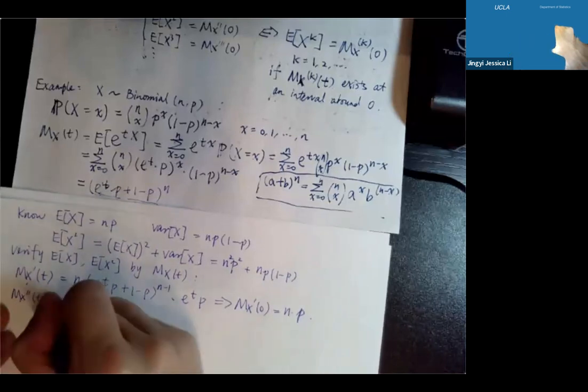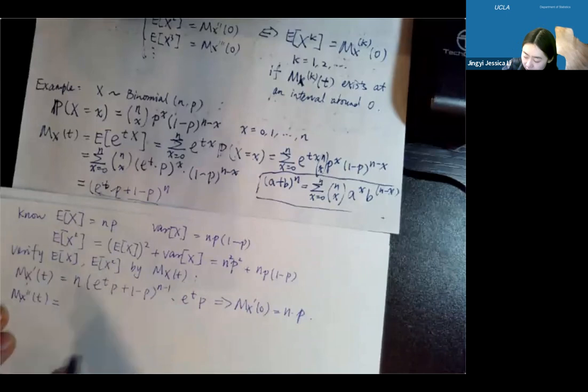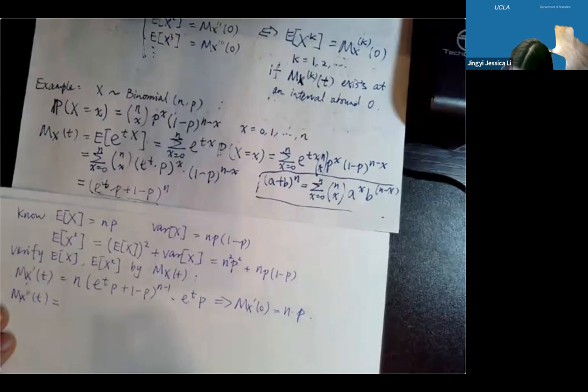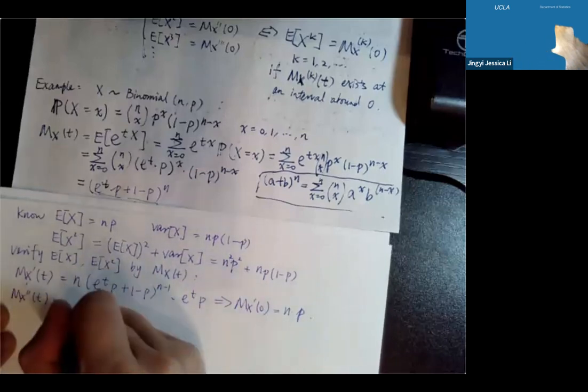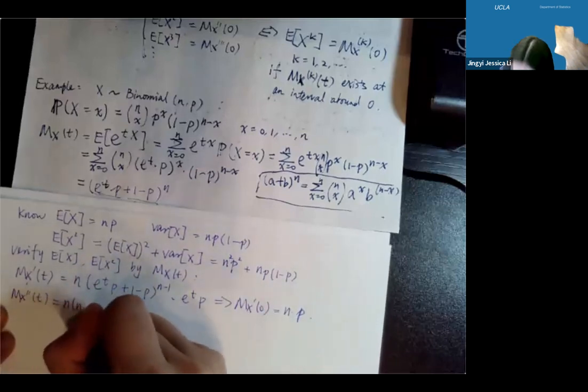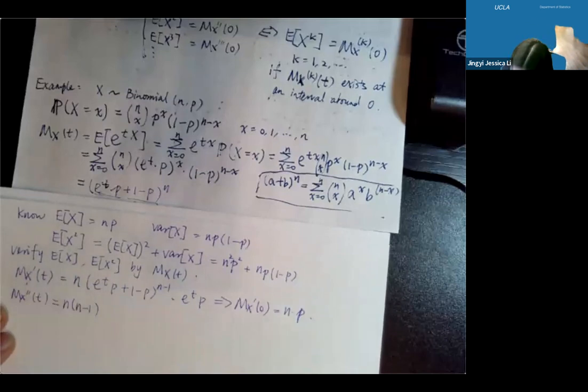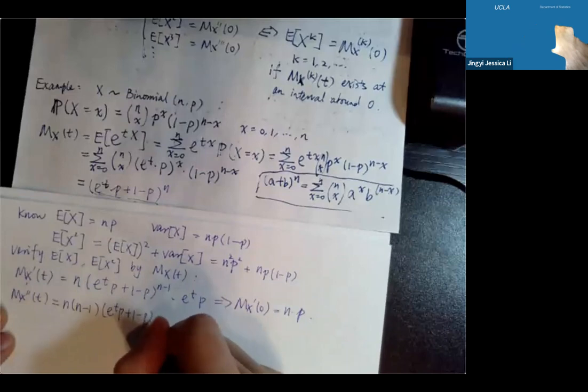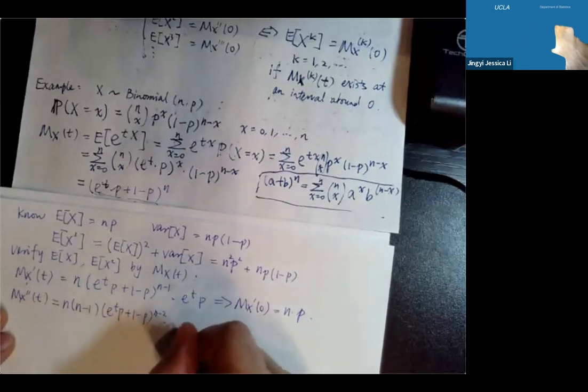First, take the derivative in the first term and keep the second term as is, plus keep the first term as is and take the derivative of the second term. For the first term, I use the chain rule again: n times n minus 1 times (e^t p plus 1 minus p) to the power n minus 2 times e^t p.